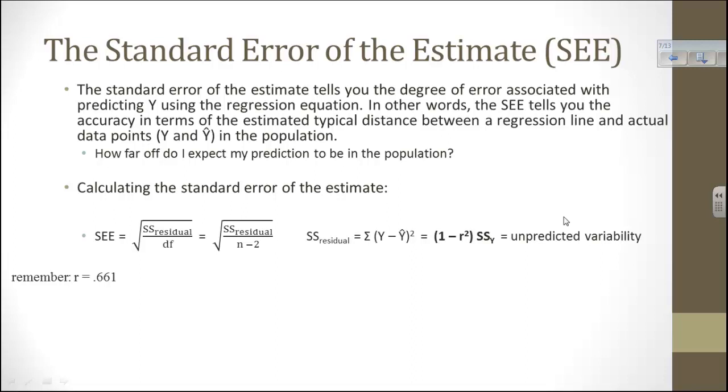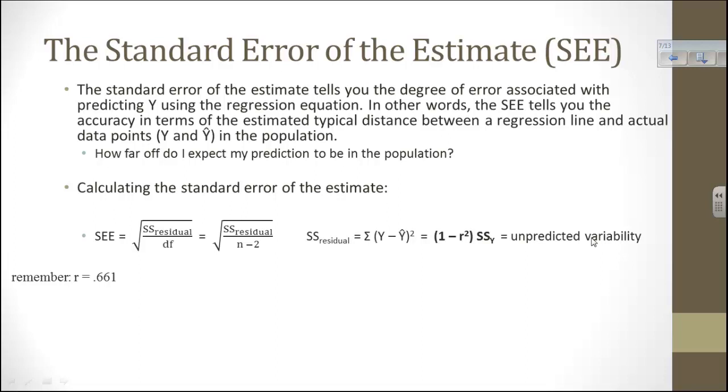So as your correlation gets closer to 1 or -1, and the data points are all very close to the regression line, there'll be a small standard error. So as your correlation gets stronger, your standard error gets smaller. As your correlation, again, gets closer to 0, then your data points are not really going to be clustered around the regression line because they're more spread out. You're going to have a larger standard error of the estimate.